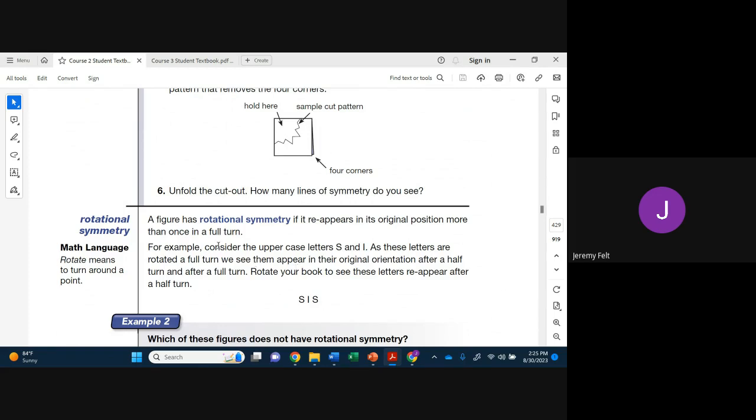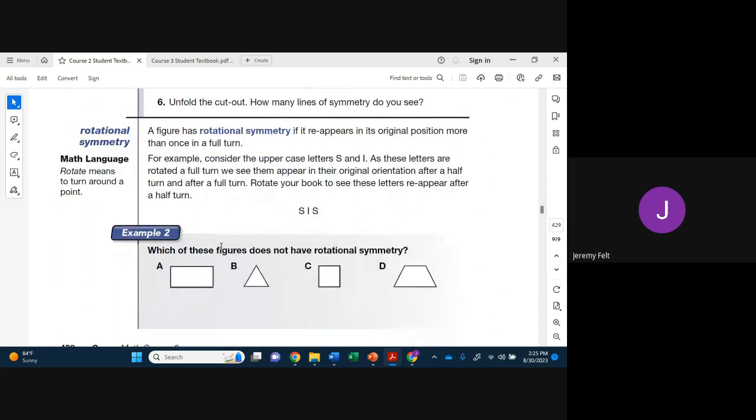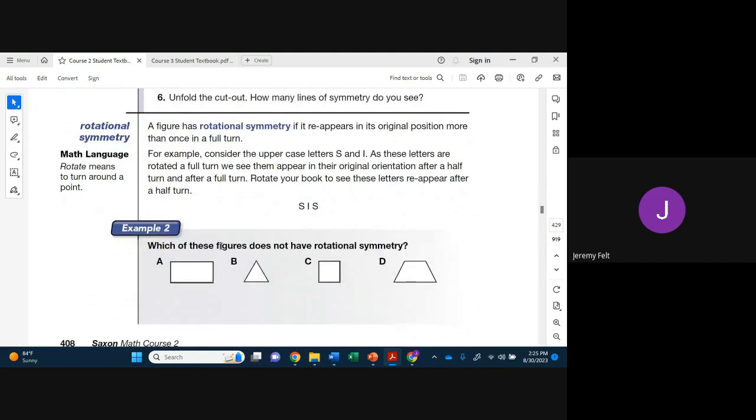And then we have rotational symmetry. I can't really do this with the screen, but the easiest way to look at rotational symmetry is to actually rotate it. You can kind of visualize and mentally see it go sideways, 90 degrees to the right, 180 degrees, 270 degrees, and then 360.